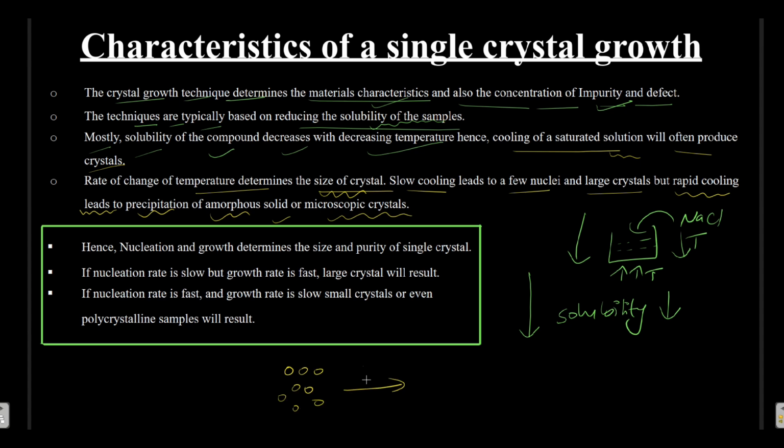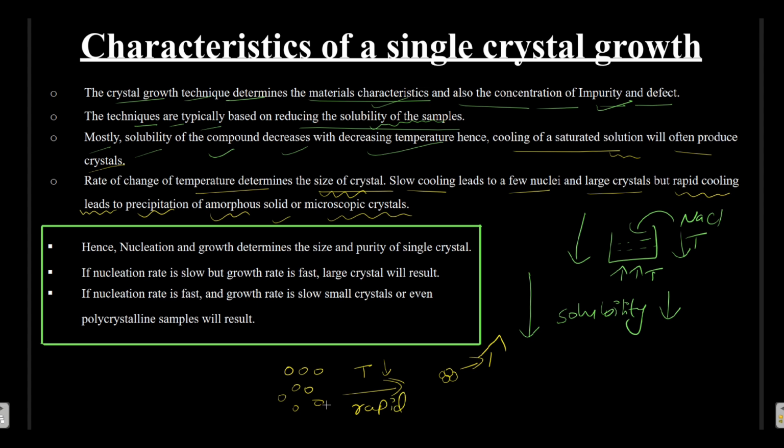Now if we cool it slowly, then what will happen? One crystal will be over here, another crystal will easily form over here, another nucleus will come and attach to it, and as a result of that, the size of this crystal will keep on increasing.